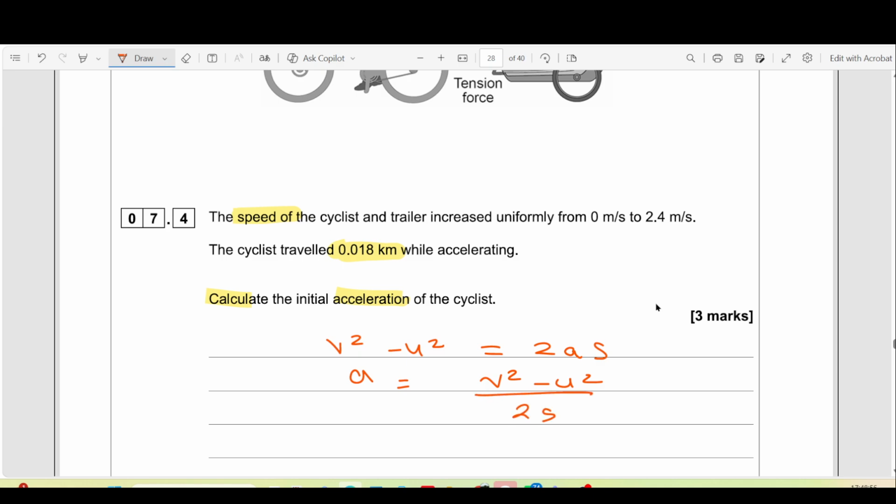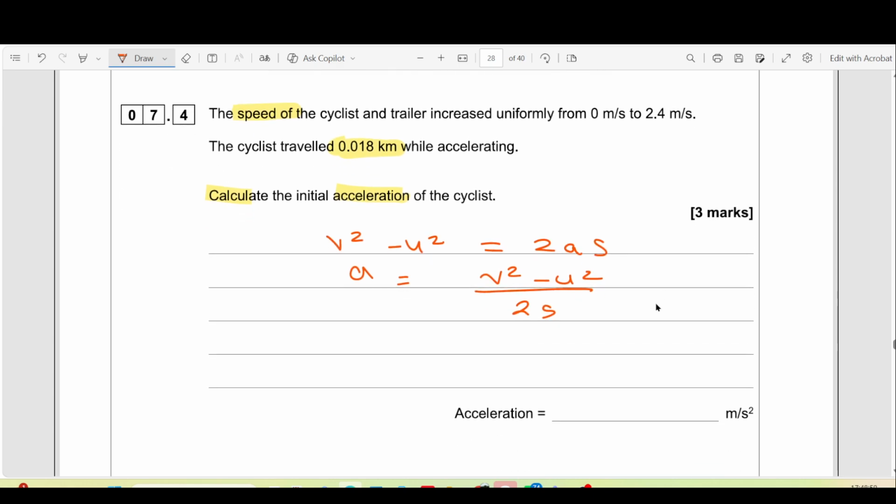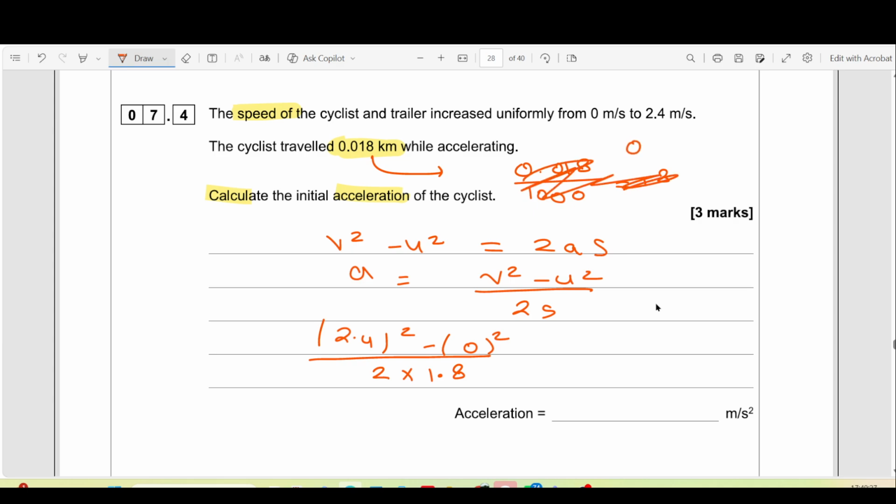So 2 times acceleration times the distance. The distance is 0.018 kilometers, times 1000, which is 18 meters.